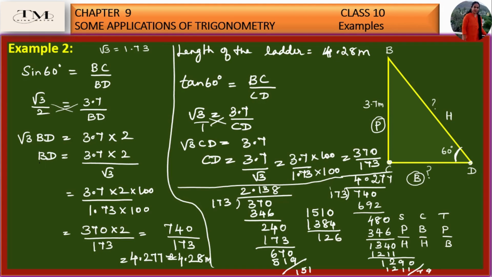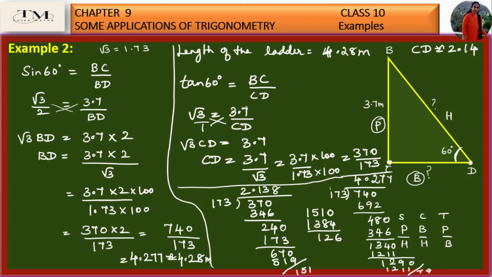If you reduce this to two places, the number after is more than 5, so we can add one to 3, so it becomes 4. So approximately CD is equal to 2.14.